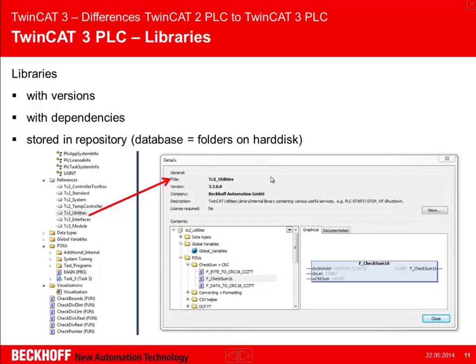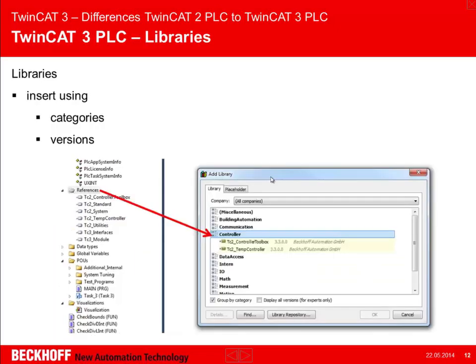When you insert a new library, you can do this with categories. You find different categories. The Beckhoff categories are communication, controller, data access, internal, I/O, and so on. Inside the categories you find different libraries, and inside the libraries you find a library with the name and the version, and you have to select the version.